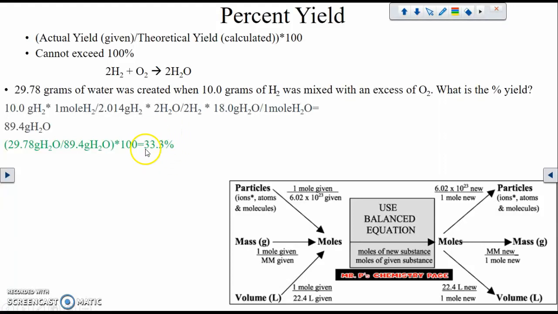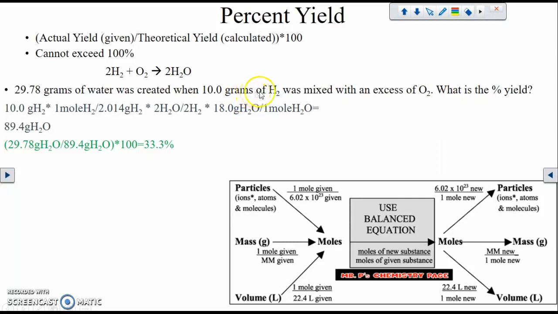Again, this number is good because if you get a number like 98%, 99%, 100%, 120%, this should send alarm bells off in your head that it is an incorrect number. So again, the difference between percent yield and limiting reactant problems: in limiting reactant, the two numbers given to you are both reactants. In percent yield, one of them is a product, the other one is a reactant.